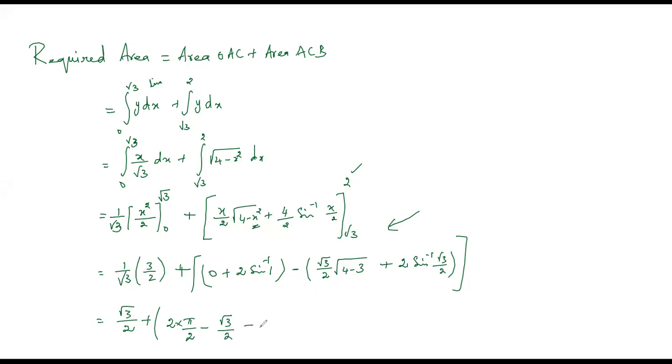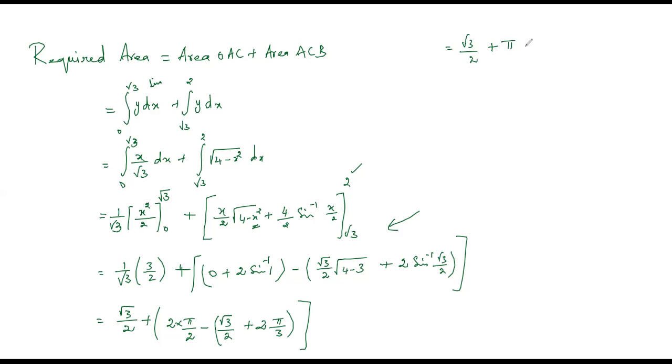Then plus, what is sine inverse root 3 by 2? It is pi by 3. So 2 into pi by 3. And now the final step: root 3 by 2 plus 2 into pi by 2, and 2 gets cancelled, which is pi.